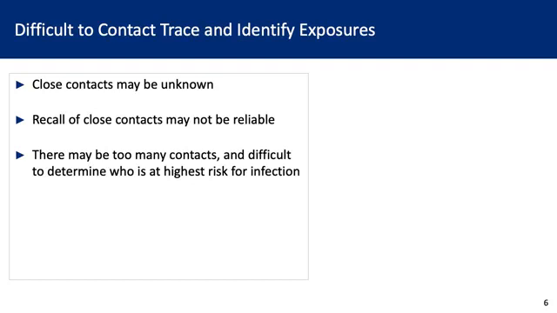Another example is where the recall of close contacts may not be reliable. So let's say that you're talking to the case and they just may not remember who they've had contact with for various reasons. Another example is where they had so many contacts that it's difficult to determine who's really at risk and who the possible contacts are that you need to find.